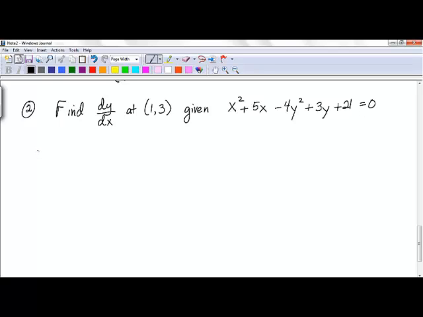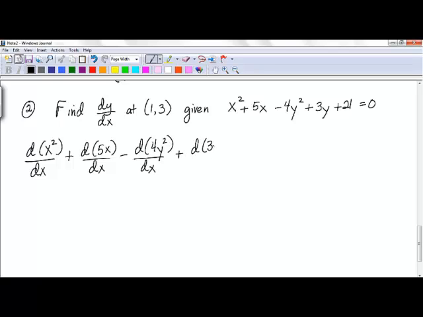Okay, so take the derivative of each term. Derivative of x squared, don't skip this step. Derivative of x squared with respect to x plus derivative of 5x with respect to x minus the derivative of 4y squared with respect to x plus the derivative of 3y with respect to x.